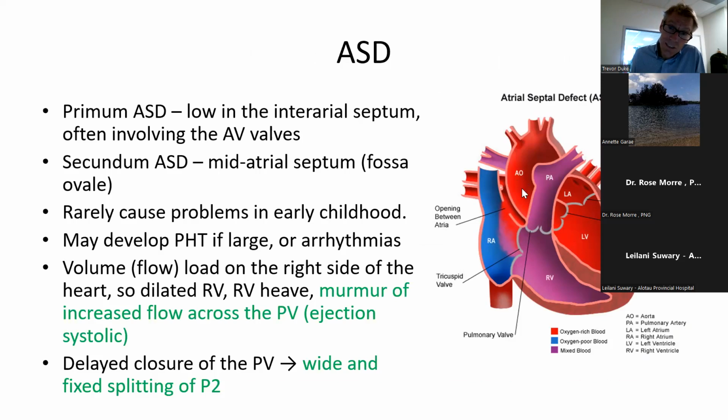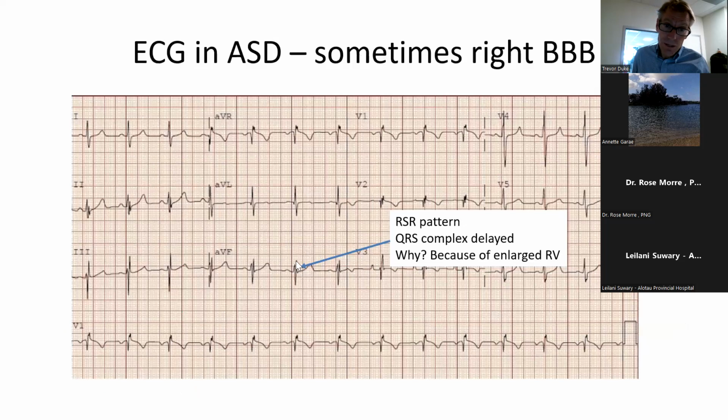With an ASD, the blood's only going from the lungs into the left atrium, and then across to the right atrium, and then down to the right ventricle. So the left ventricle's left out of it. The left ventricle is not involved in an ASD, so you'll never see left-sided changes in an ASD. But you might see a right bundle branch block because of an enlarged right ventricle.